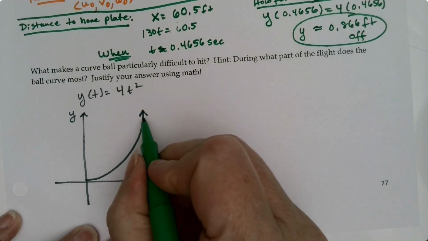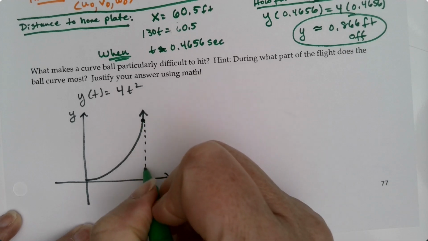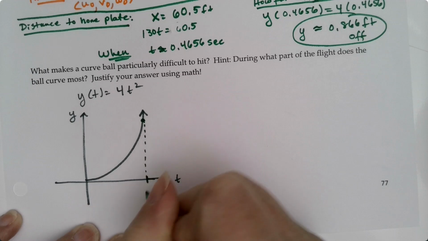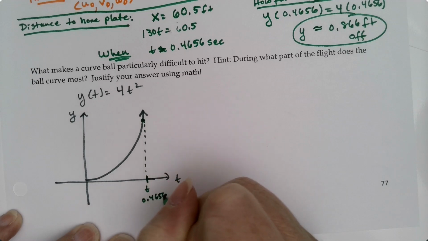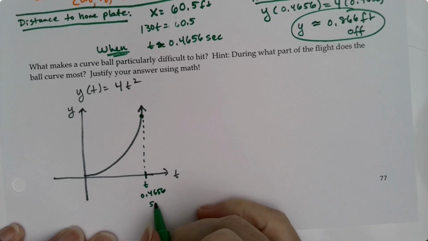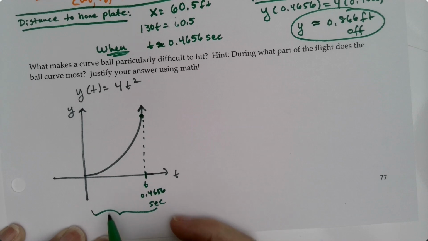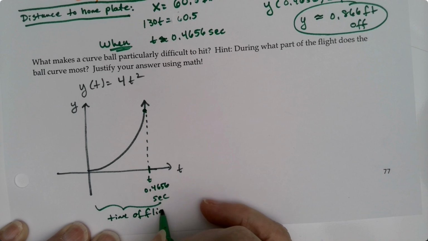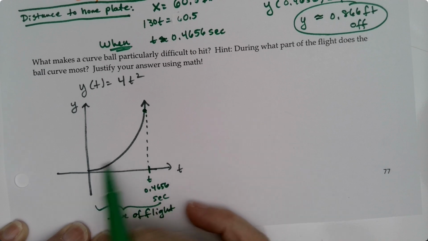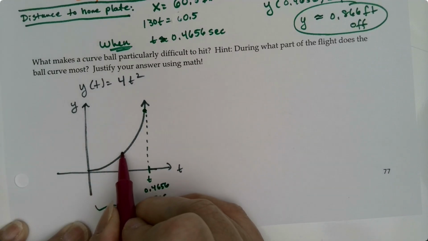So let's say right here is where it reaches home plate. So the time is 0.4656 seconds. Okay, so this is the time of the flight, right? Time of flight. So when the ball first leaves the pitcher's hands over here, the first half of the pitch would be like this, right?